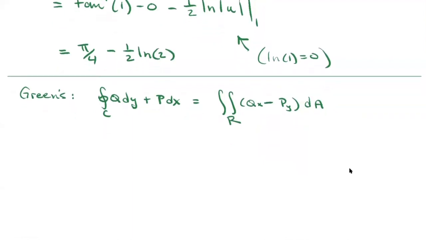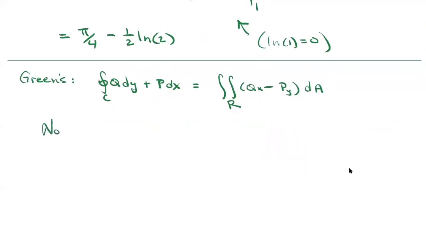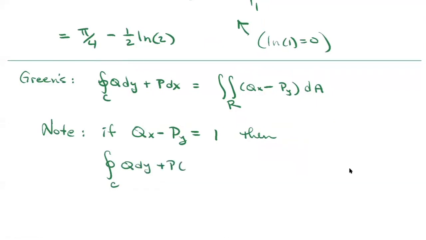And I guess something to note is that if qx minus py turns out to be 1, then this integral will be a double integral of just 1 dA over R, which of course is the area of R.